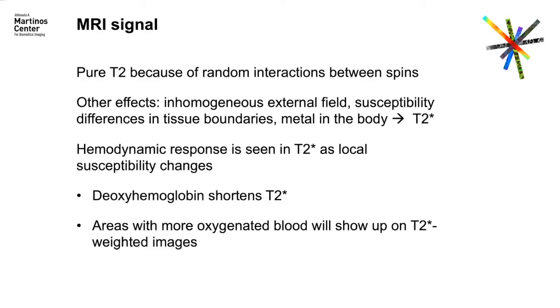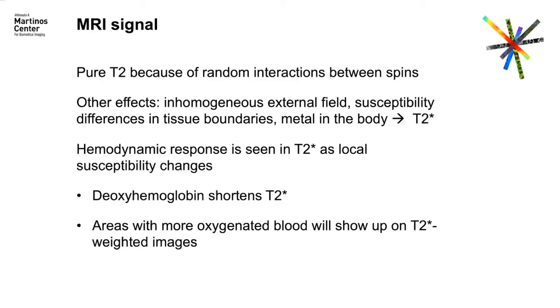There can be metal in the body. Some of these effects affecting the T2 are called T2 star. So this is a combination of all these effects that affect the relaxation to the original position.